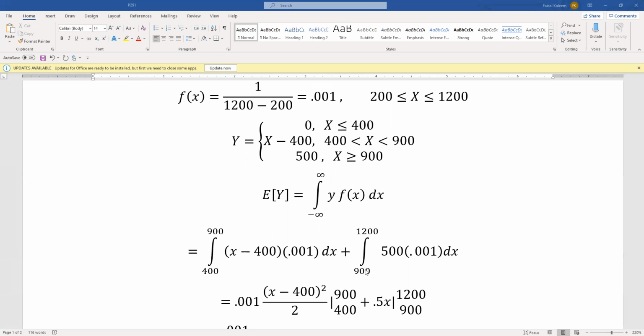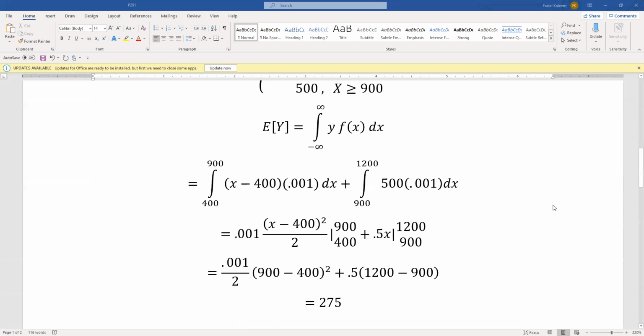And then when x gets past 900, y is 500. But we don't go from 900 up to infinity, we go from 900 up to 1200, because after that f of x becomes 0. F of x is this 0.001 only up to 1200. So in this part, y is 500 and f of x is 0.001.